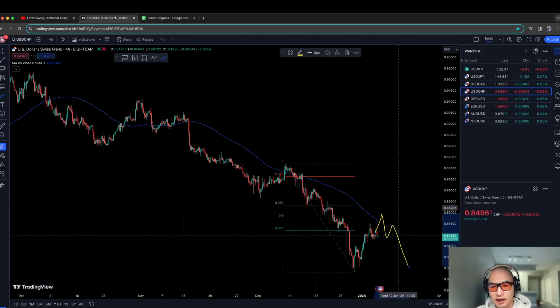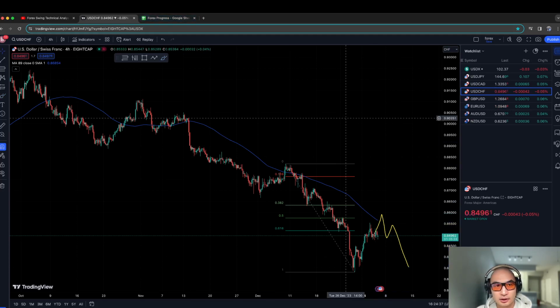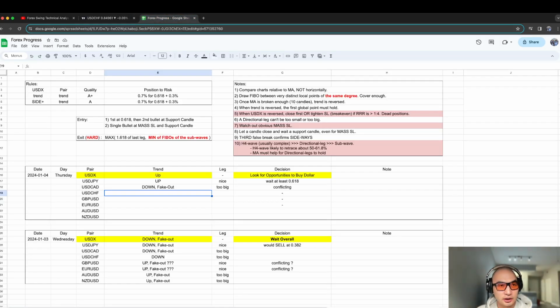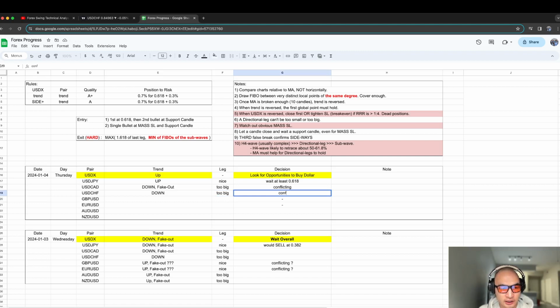So here, USD Schweizer franc trend is down. Overall, the last directional leg size is too big, and it's conflicting with the overall USD index story. So I will just put conflicting. Okay, so I'm not going to trade USD Schweizer franc for the next few days.